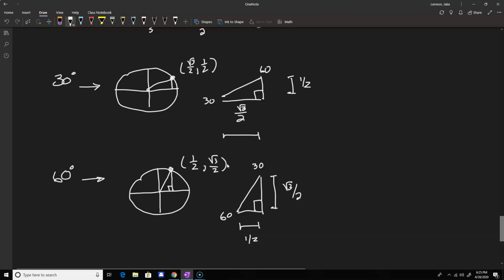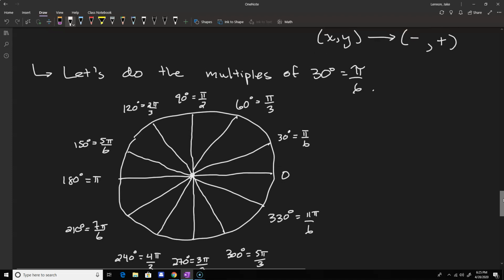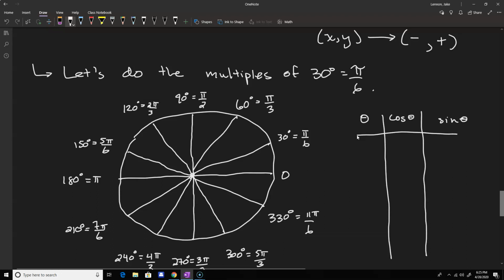So if we think about making the same sort of table where we're looking at theta, cosine of theta, and sine of theta, we'll do at least the first two quadrants like we did for the multiples of 45 degrees. Starting at 0, the cosine is 1, the sine is 0. Now the first interesting one is 30 degrees, the one we just did.